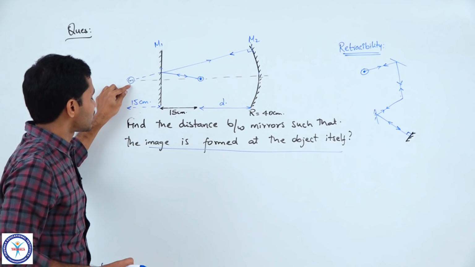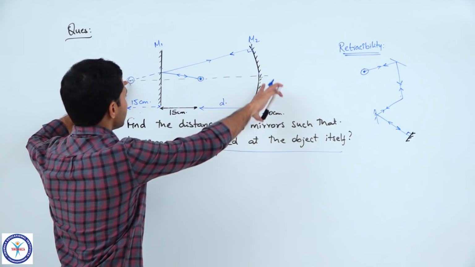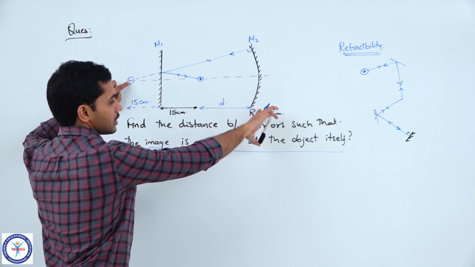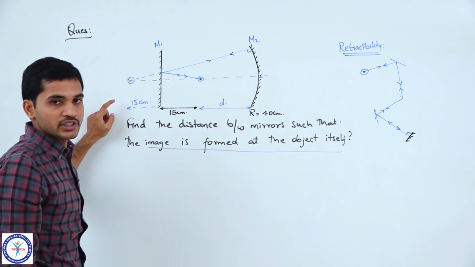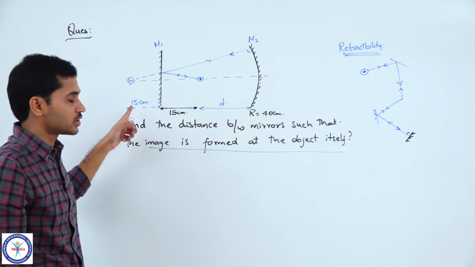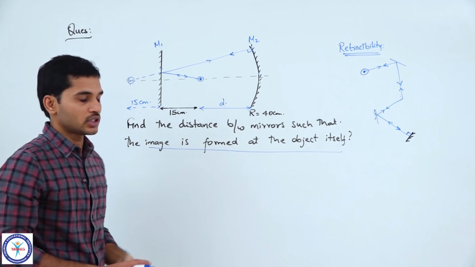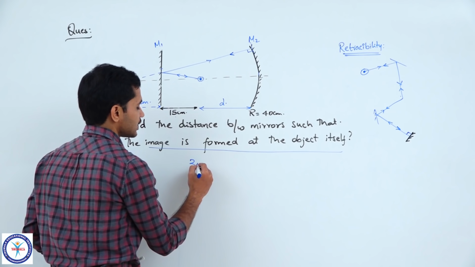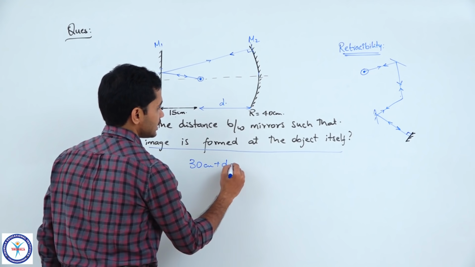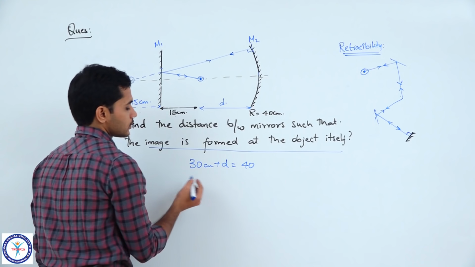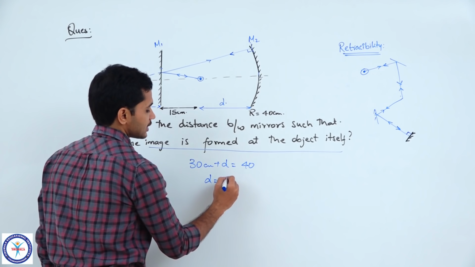So, if this is the center of curvature, then this whole length from this position till here should be 40 centimeters, which is the radius of curvature. So, 15 plus d should be 40. So, which means we will be getting 30 centimeters plus d is equal to 40. So, d is equal to 10 centimeters.